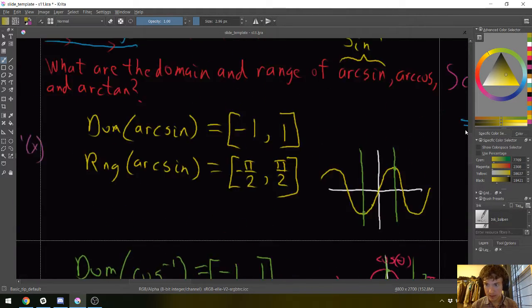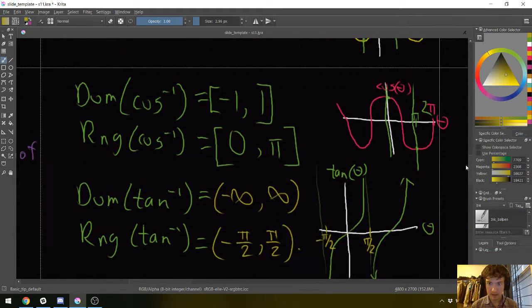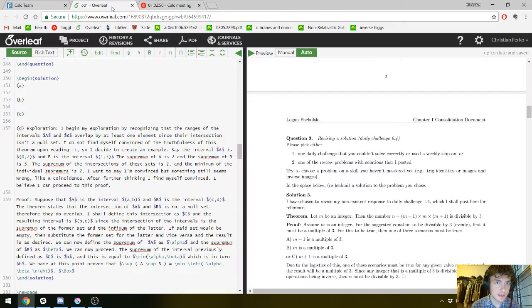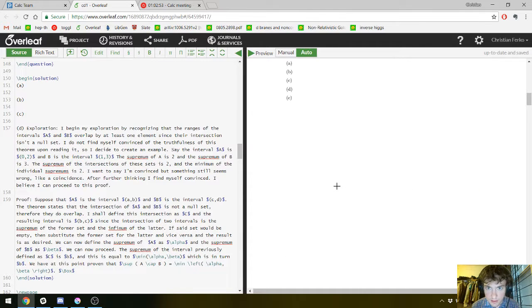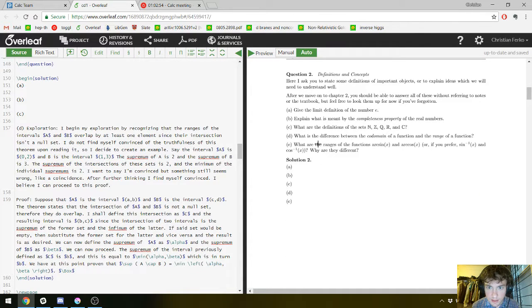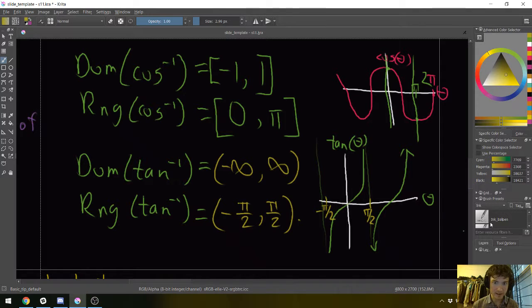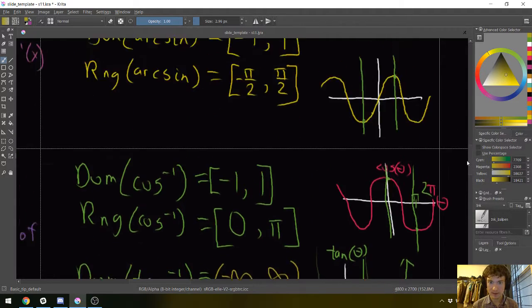So I think I've even asked you to write about this in the consolidation document because it's important to understand this. Yes, so question 2e, I even asked what are the ranges of the function arcsine and arccos and why are they different? So this is why they are different. You might have asked, sine and cosine look very similar.